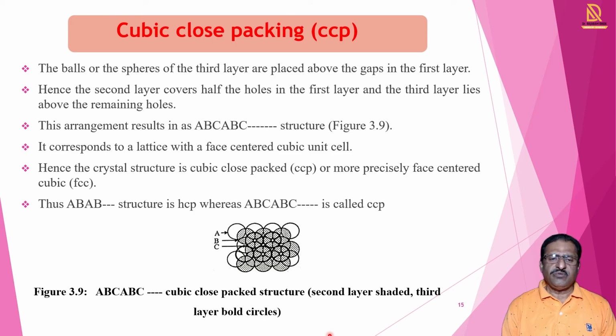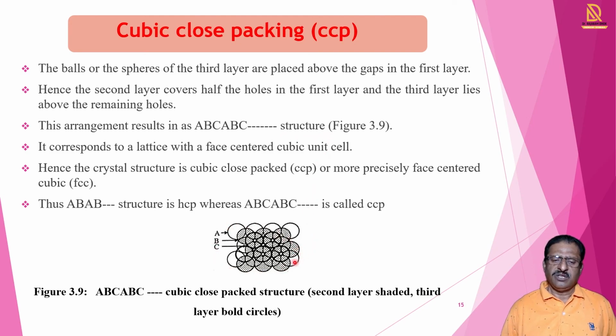So we write the sequence A, after that B, then the third layer is in between the gaps of the second, that is, we see the difference, that layer is different from the second, so that is C. So we use the arrangement A B C A B C, like that. We continue that arrangement and we get this structure.